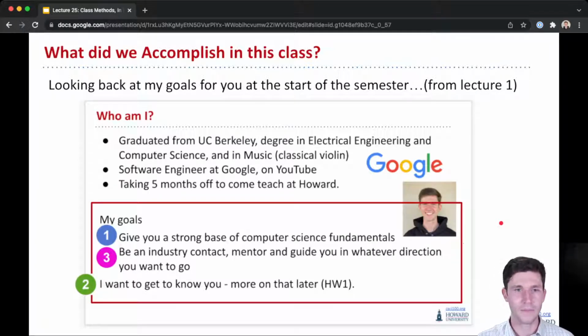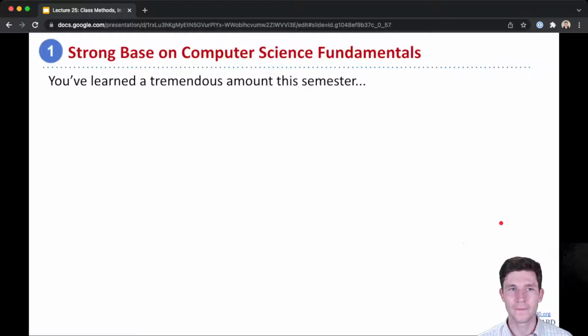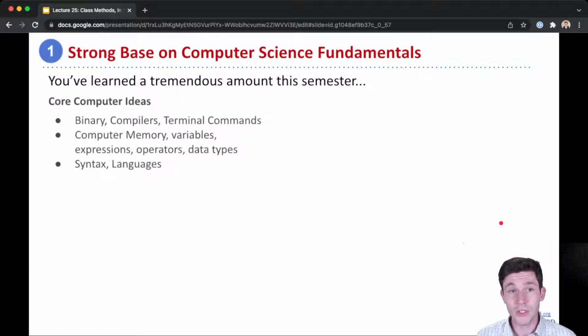Breaking these down, let's see if we succeeded. So, building a strong base of computer science fundamentals. You all have learned more than you might realize this semester. We started off learning these core computer ideas that support everything else that we did on top. Understanding the language that computers speak, binary.